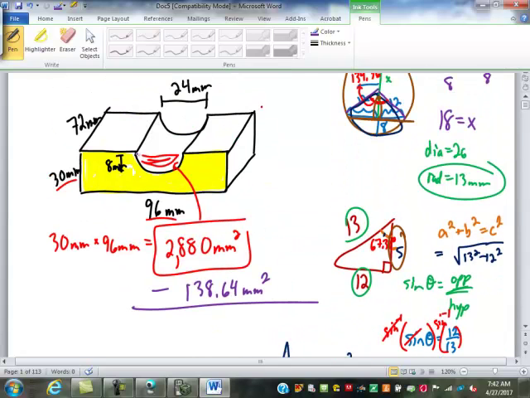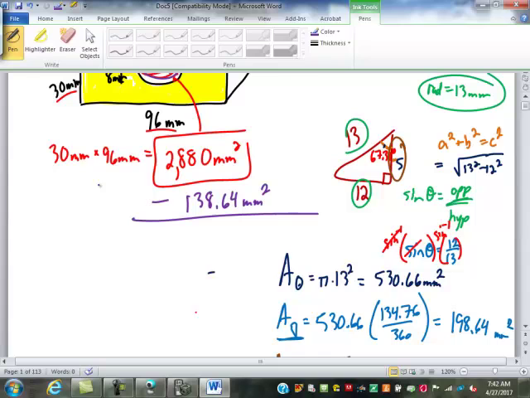What we found there again was this piece here that's missing. So we subtract that from the area of that whole rectangle. It's going to give us 2,661.36 millimeters squared. Is that correct?